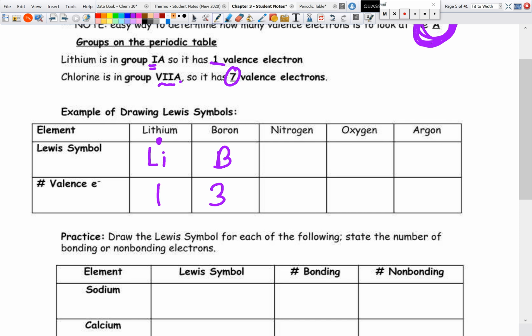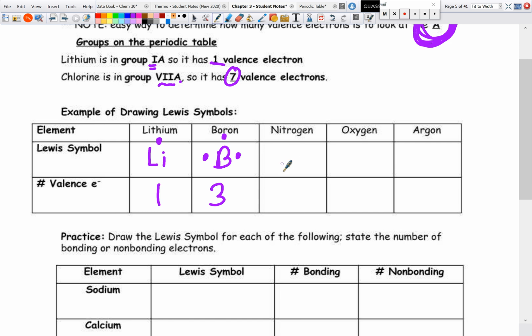So when we're putting them in, we have to fill empty orbitals first. So you can start anywhere with boron. If I want to go here, start here, that's 1. So that's one side. I have to go to another side, 2, and another side, 3. I cannot pair them up. I need to fill empty orbitals first. So that would be the Lewis symbol for boron.